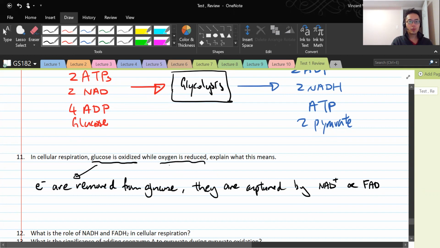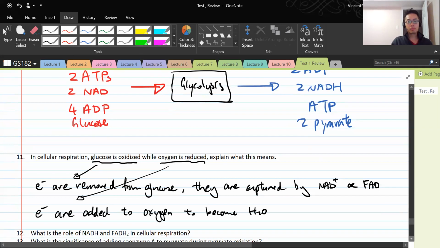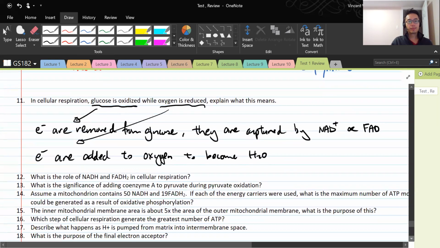And oxygen is reduced. It means electrons are added to oxygen to become H2O. Okay, so it's a redox reaction. It's a transfer of electrons from glucose essentially to oxygen.